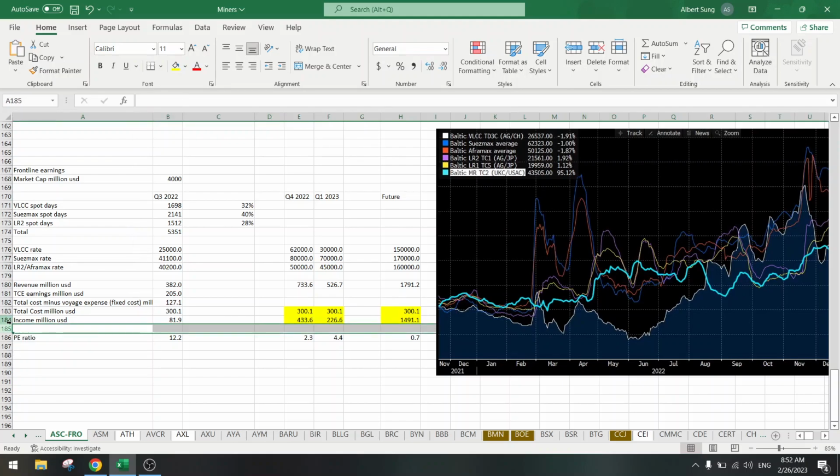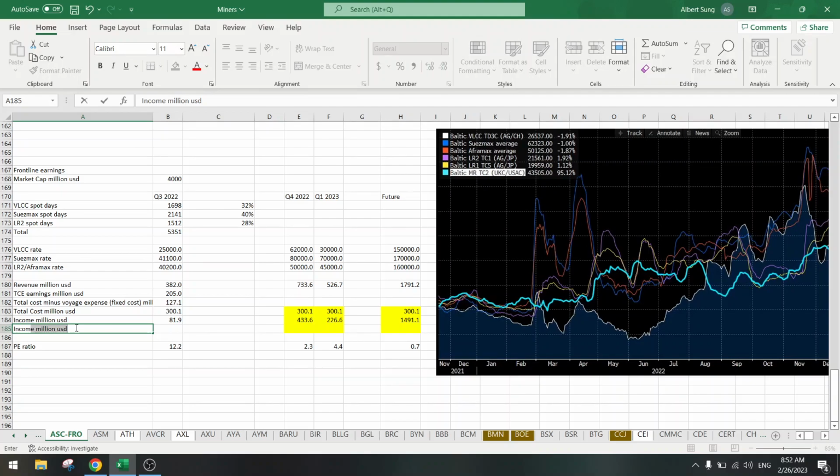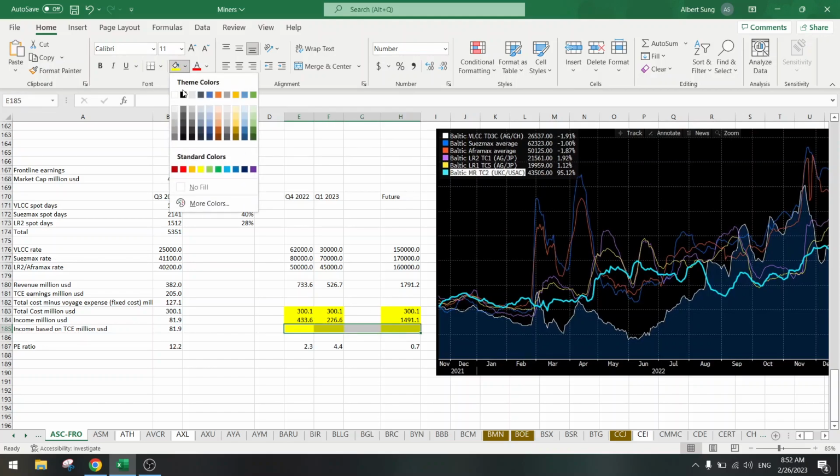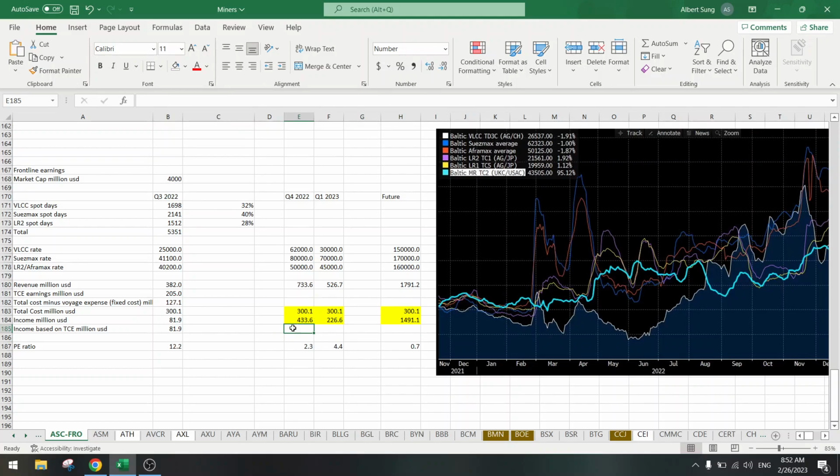and add another row. Income based on TCE. So this is still our correct earnings. And here we need to make a new calculation. So how are we going to calculate this time?